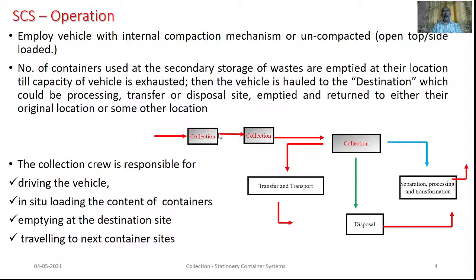After emptying the content, the vehicle will move to the next container location, and this process will be repeated till the vehicular capacity is exhausted. From this point onward, it may move to any of the destination points.